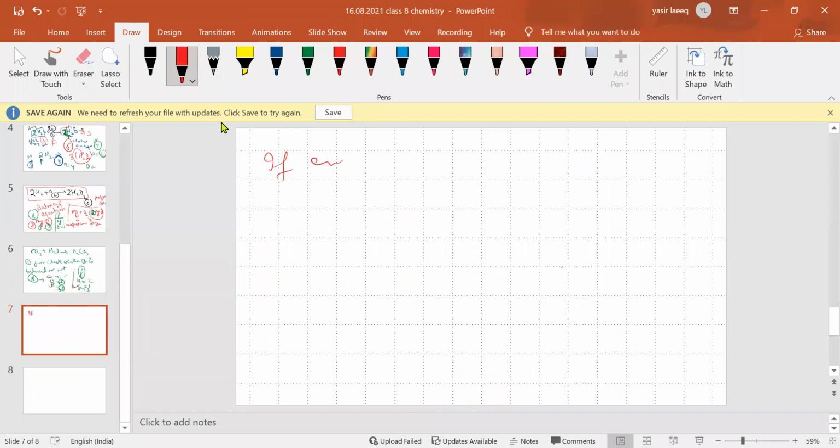If any chemical equation is given to you, it has 2 parts, reactant and product.